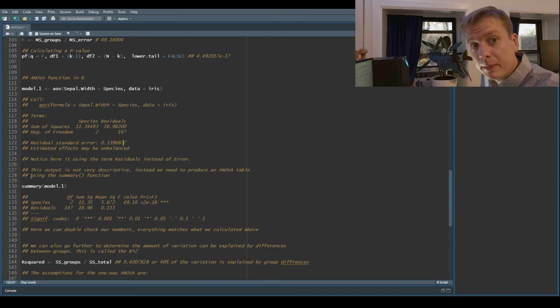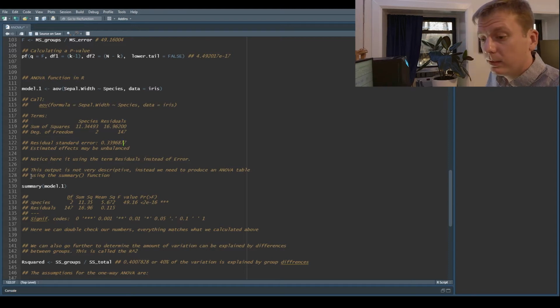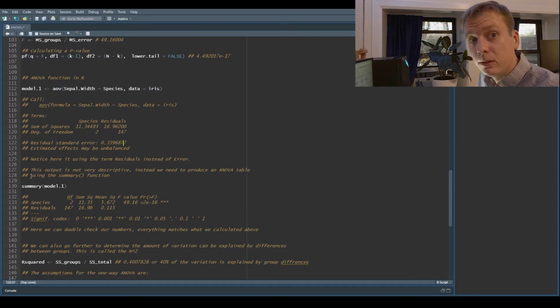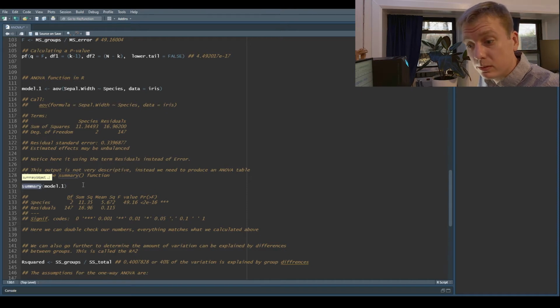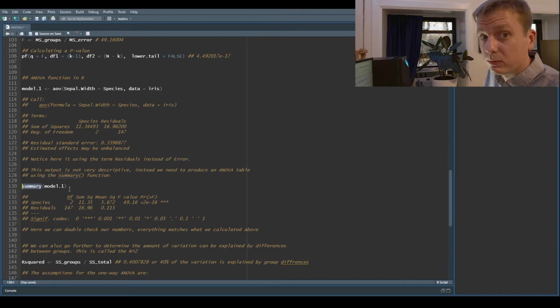Now, the one thing about this output, it's not very descriptive. It doesn't give us a p-value. It doesn't give us our mean squares. So we need to produce what's called an Anova table. And an Anova table in R is produced by using the summary function, which we used previously to look at summary statistics for individual vectors.